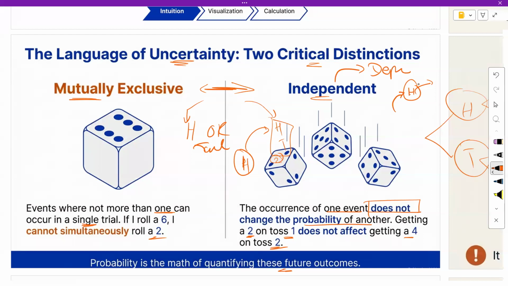So that is independent. In other cases, like a knockout match in cricket, the first outcome may impact the next outcome. Mutually exclusive: at a time, you can get only one outcome.